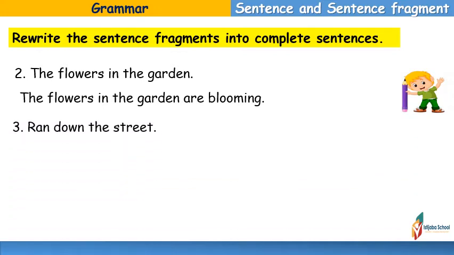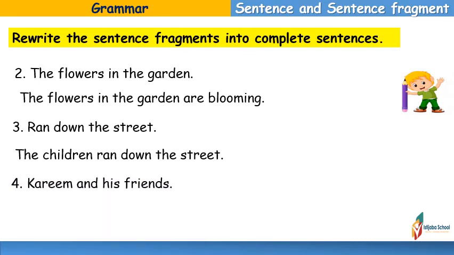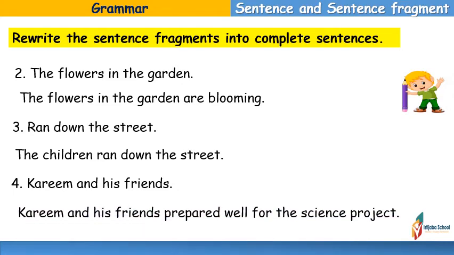Number three, ran down the street. What words you may add? The children ran down the street. Number four, Karim and his friends. What words you may add to this group of words so that it can become a complete sentence? We can say Karim and his friends prepared well for the science project.